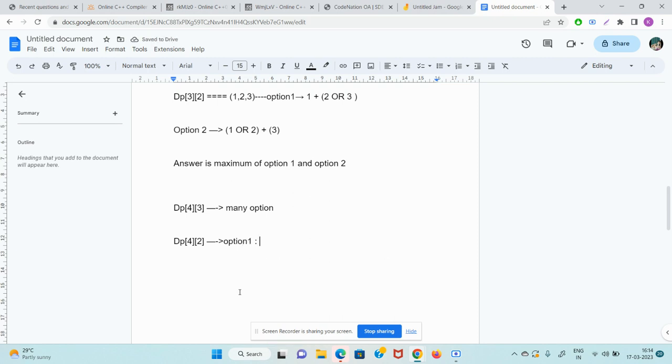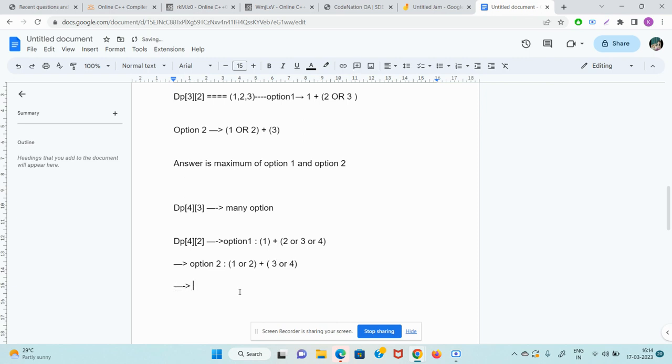Option 1 is 1 plus 2 OR 3 OR 4. Option 2, 1 OR 2 plus 3 OR 4.